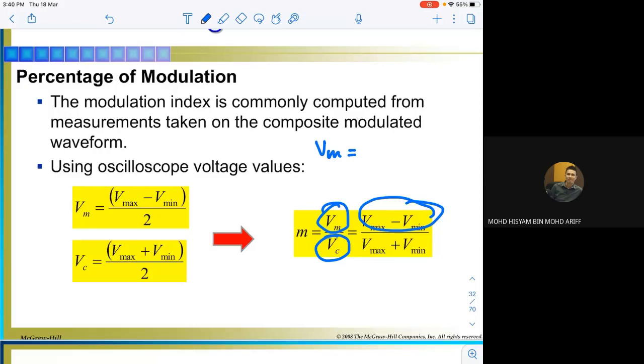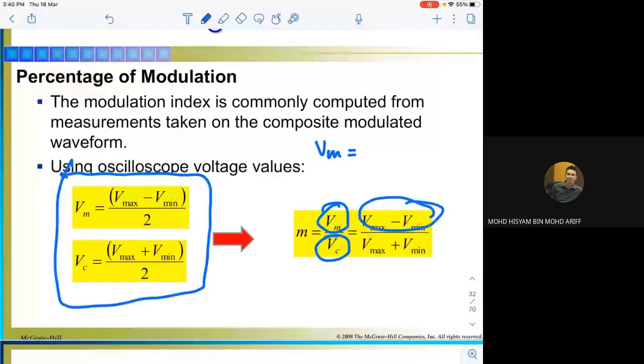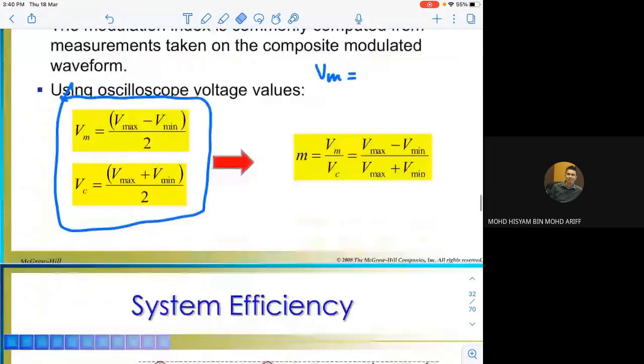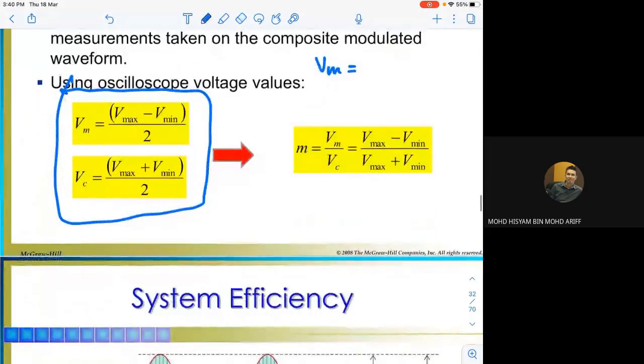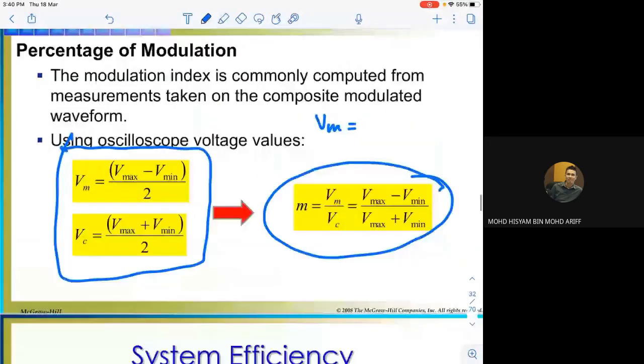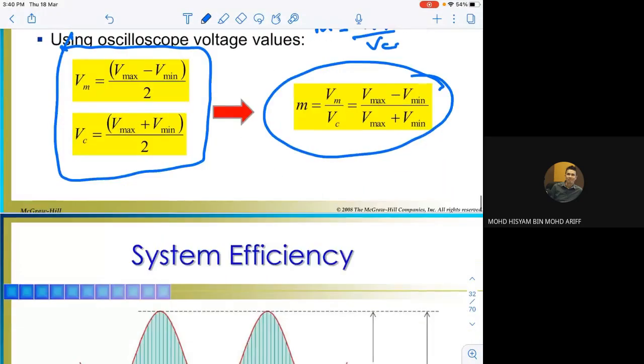Okay, this thing I will show you next class, because I worry you will get a headache. This is actually a simple derivation for the modulation index. Basically, the modulation index m equals Vm over Vc. I will show you next class, so that you understand and no headache.